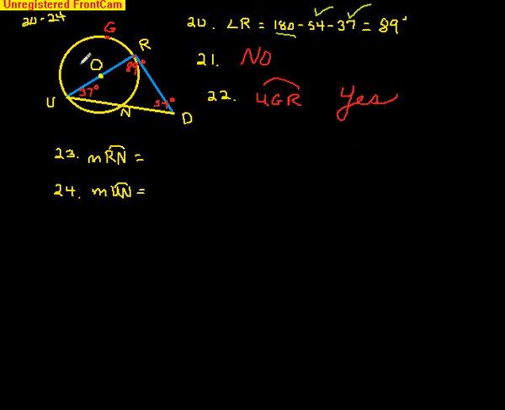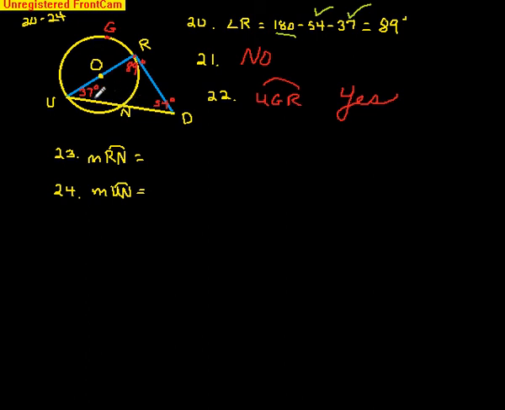Two more. Now we want to find the measure of arc RN. Well, here's RN. And here is an inscribed angle right here. It's intersecting the circle between R and N. So remember, according to our definition, an inscribed angle is equal to the measure of half its intersected arc.